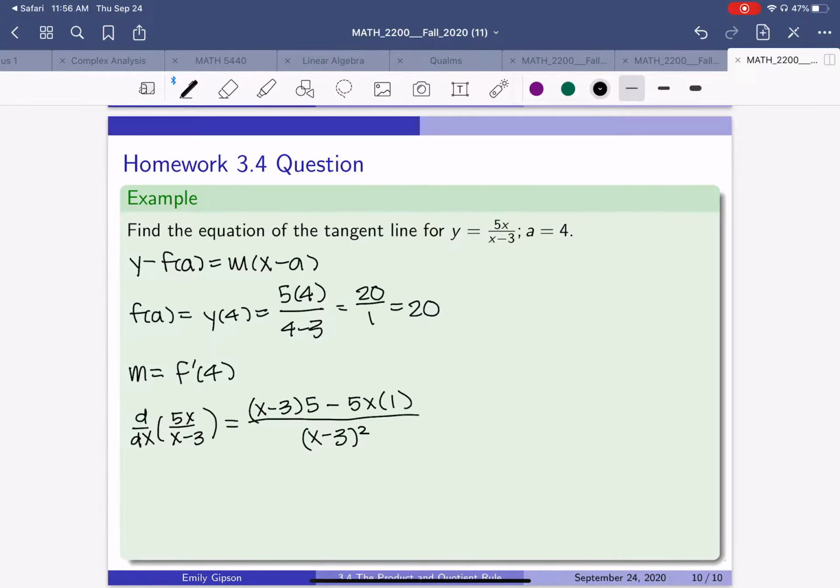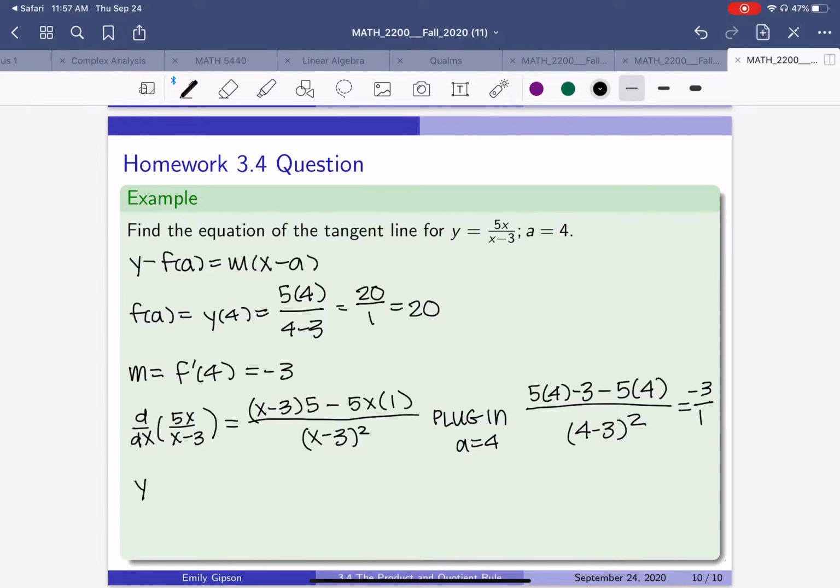And then we're going to plug in, so we get 5 times 4 minus 3 minus 5 times 4 all over 4 minus 3 quantity squared. That is equal to negative 3 over 1, which is negative 3. So m equals negative 3.